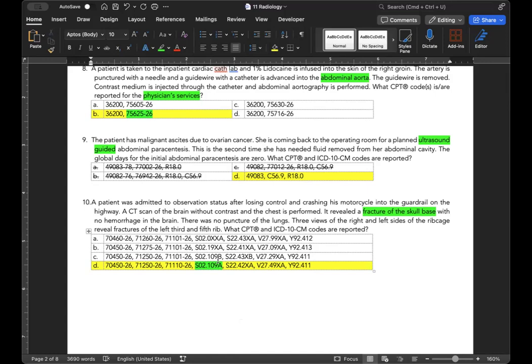Okay. Oh, and then on number 9, okay. Number 9, why do we code C first in this case? So are you talking about the C56.9? That one is because the malignant ascites is due to the ovarian cancer. So the ovarian cancer is the reason, is what's bringing them in. So let's look at the C56.9 real quick.